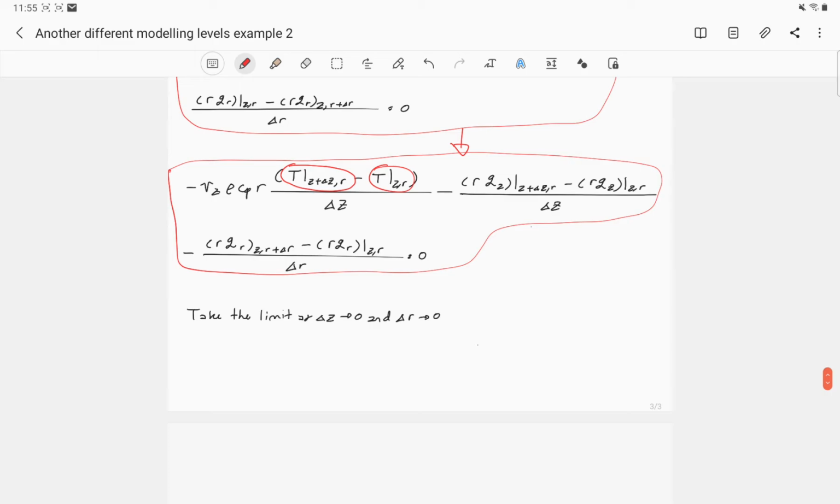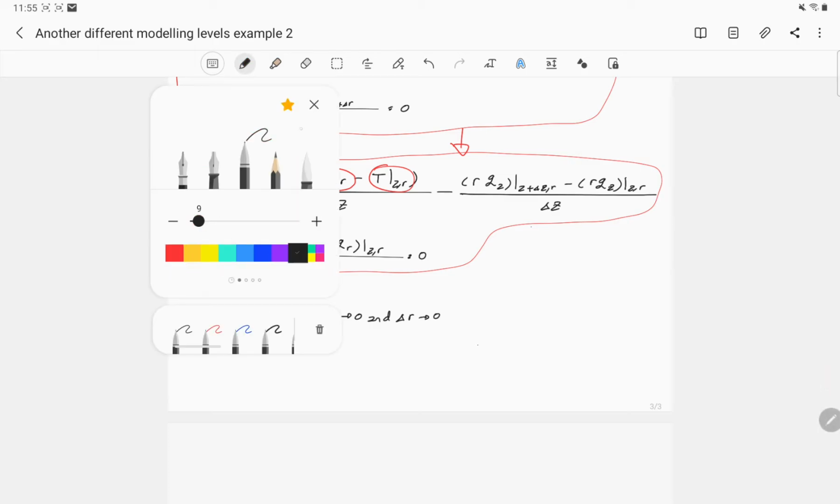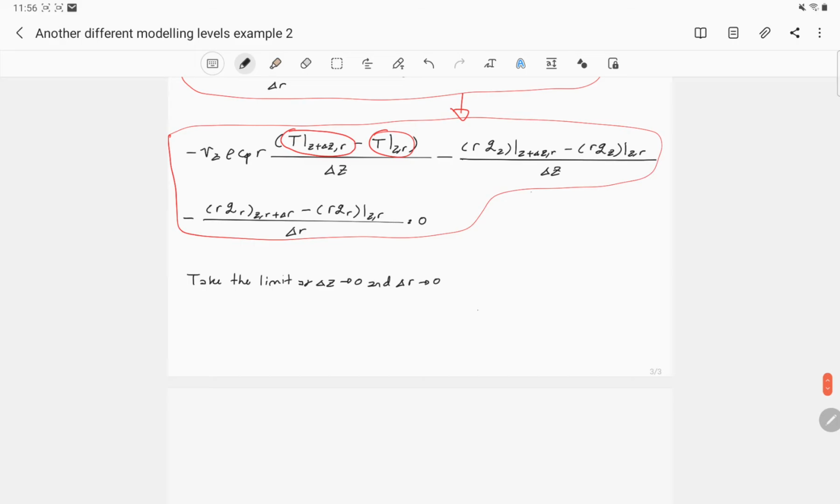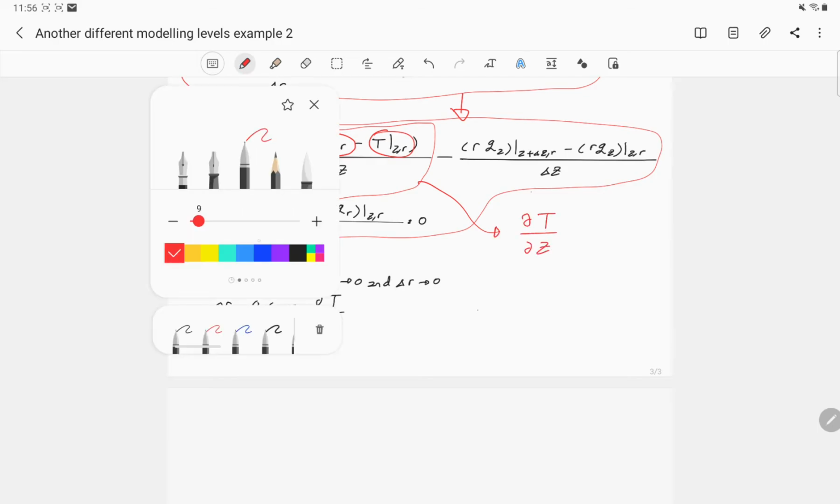And then as we take the limit of delta z and delta r equal to 0, then we will have minus Vz rho Cp r del T over del z. Okay, this term in here will basically be converted into, or if I put in the red term in here, as delta z goes to 0, then this term will become del T over del z, right?